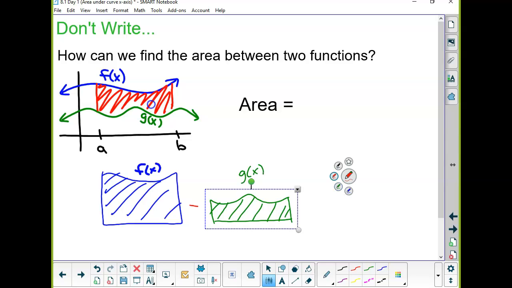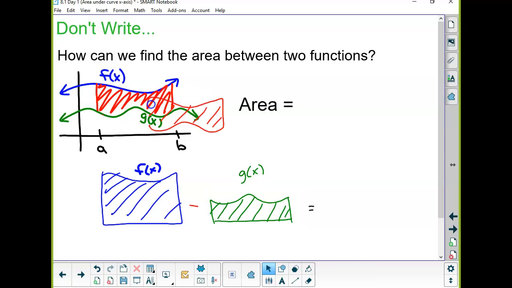If I subtract the two, what's left over is the area in between. And that's exactly what we're doing.